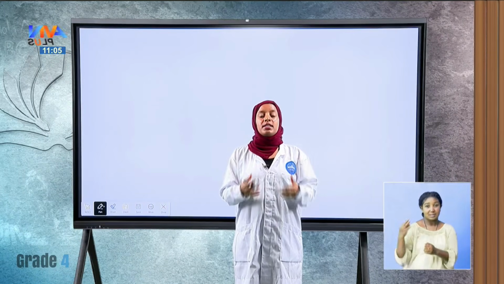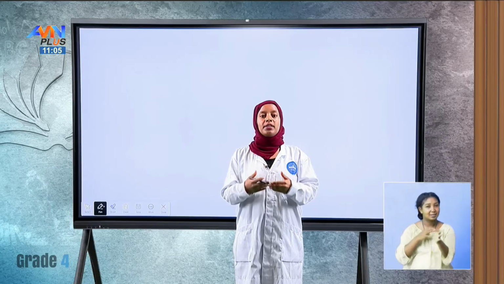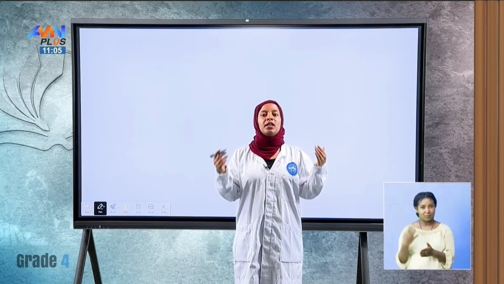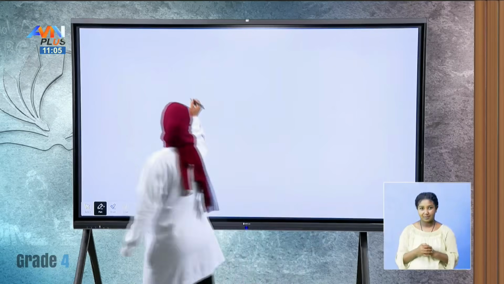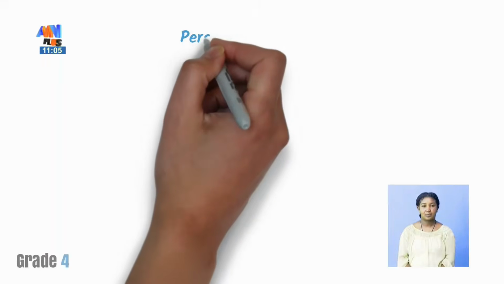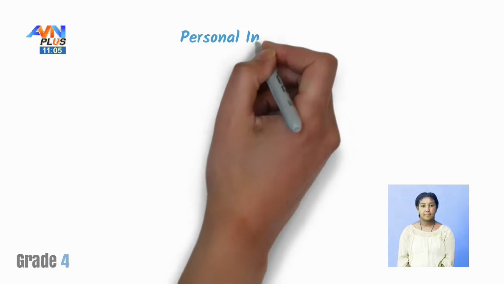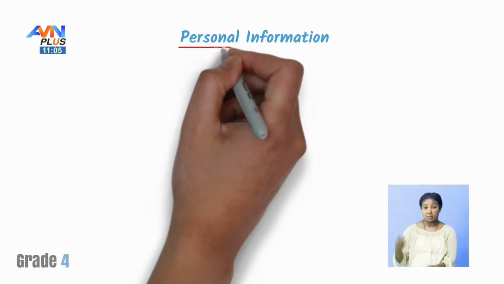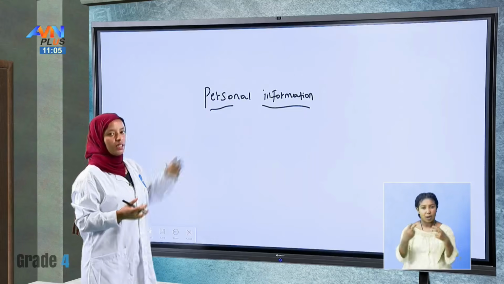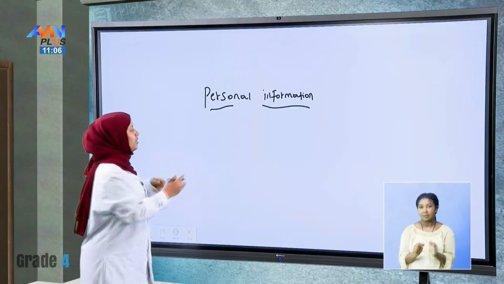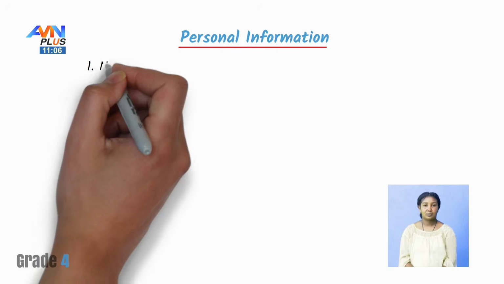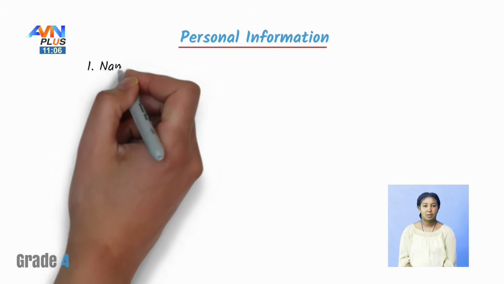Personal information is anything that describes you and tells who you are. That's called personal information. We can have some examples. Like, students, your name. What's your name?